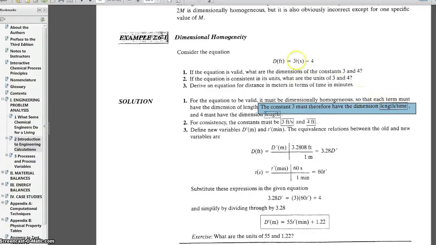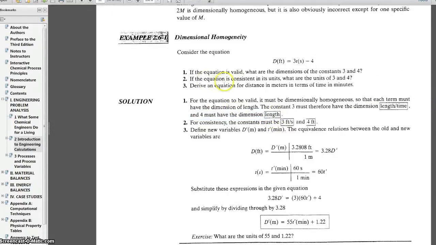So the right side will be equal to the left side, which is feet. And for the constant 4, since there's no other multiplication or division, the dimension is simply length.